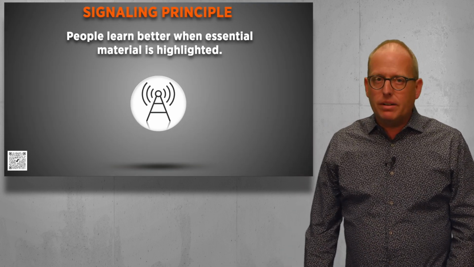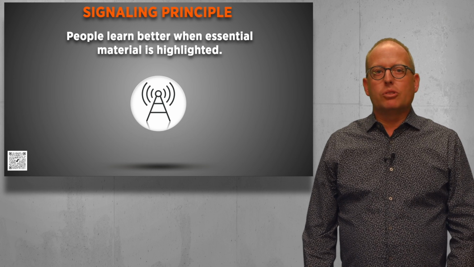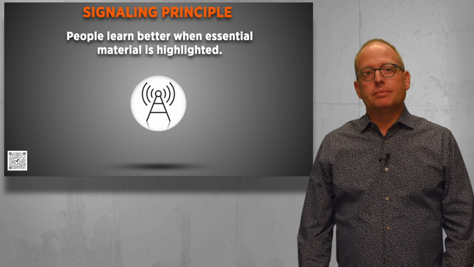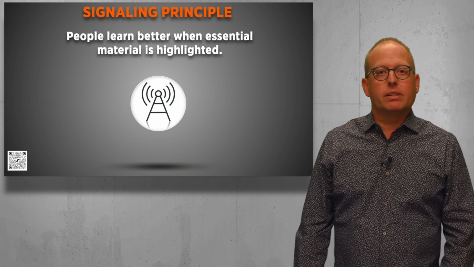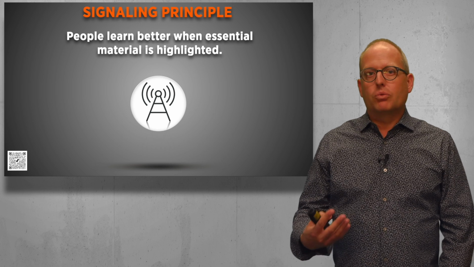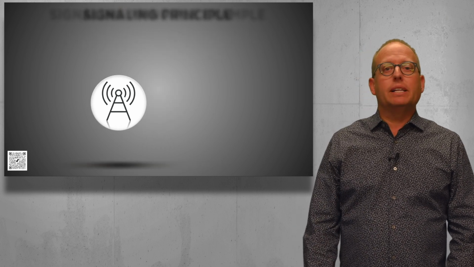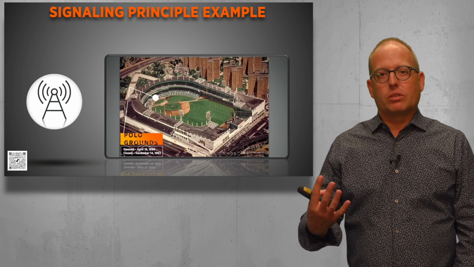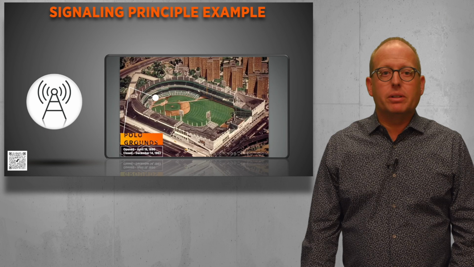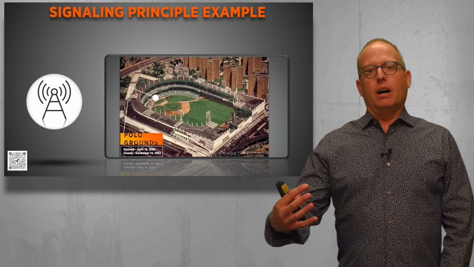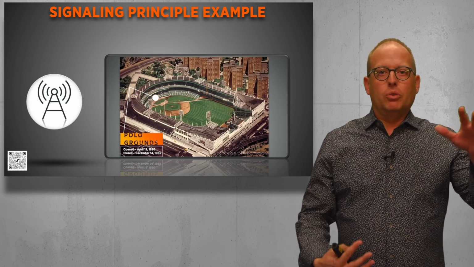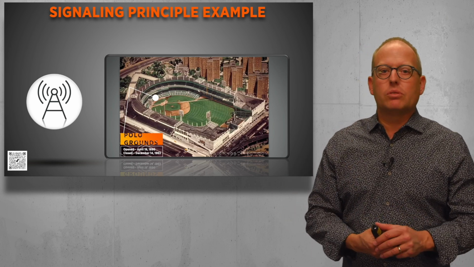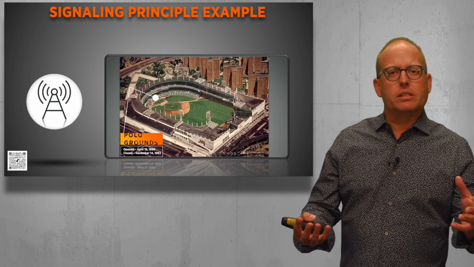Okay, moving on, the signaling principle. This is: people learn better when essential material is highlighted. Now, this one is probably one of my favorites. It's probably one of the easiest ones to remember to do, and I'm going to give you a visual example of it here. This is one of our professor's courses on sports management, and he gives a little history of New York baseball moving to California in the 50s, or was it the 60s when they moved?